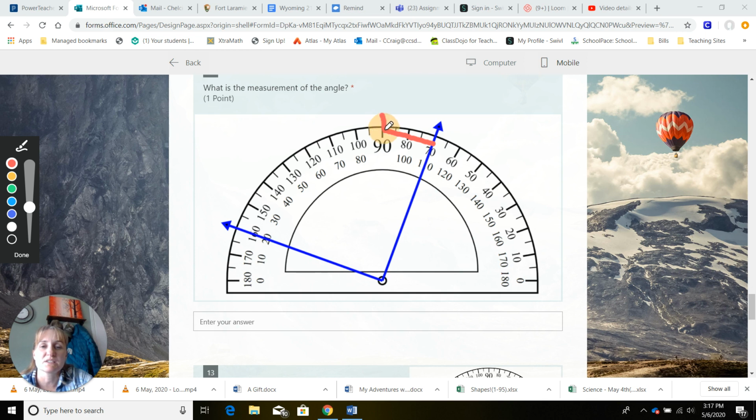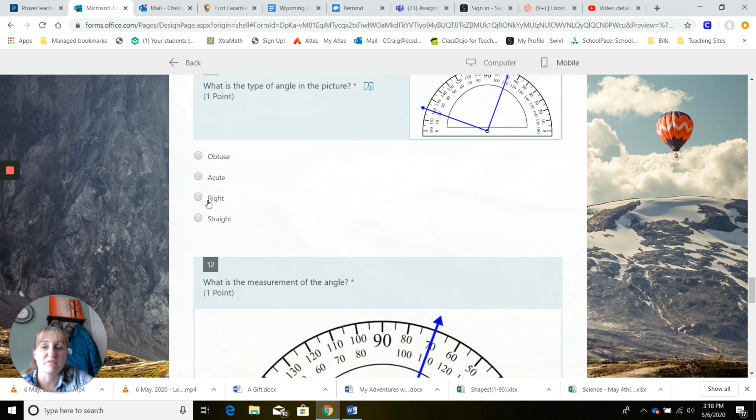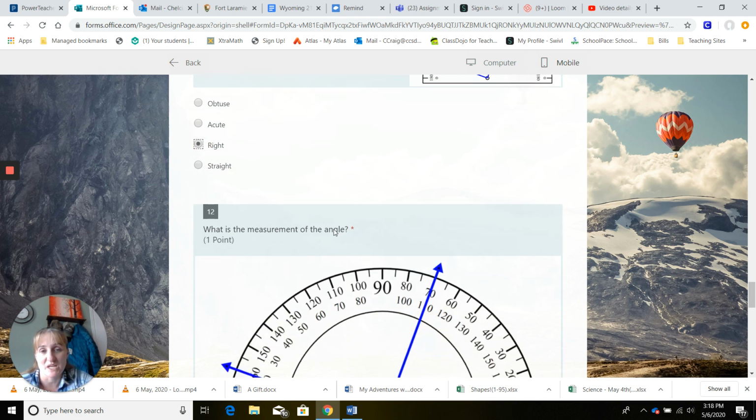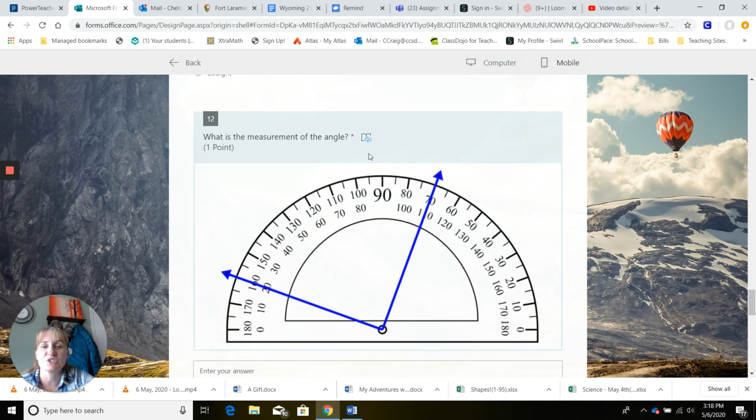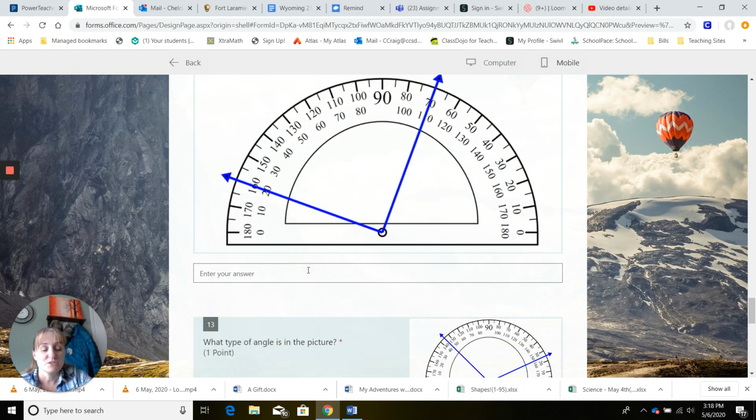That means this line at 90, the other one will be right at 0. That will give me a perfect right angle. So in this case, I actually have for number 11 a right angle. So always make sure when it's not right at 0. So that measures out 90.